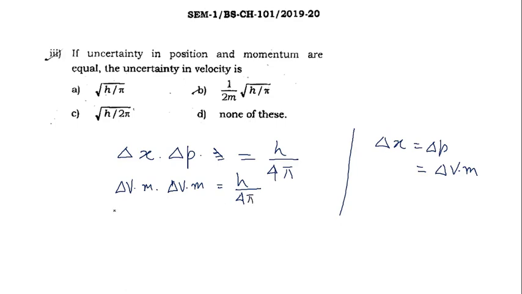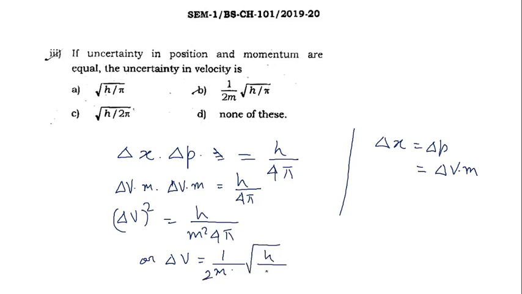Or del v square equals h by m square 4 pi, or delta v, that is uncertainty in velocity, equals 1 upon m into root over h by pi, isn't it? So what is the answer? This one will be the answer.